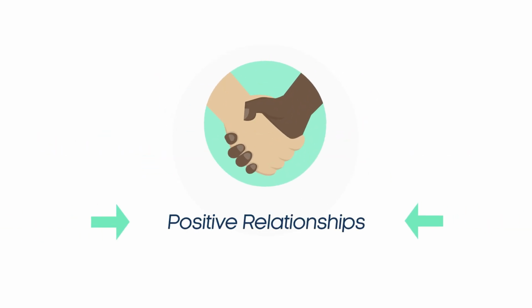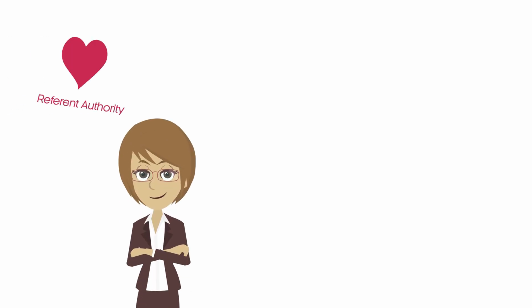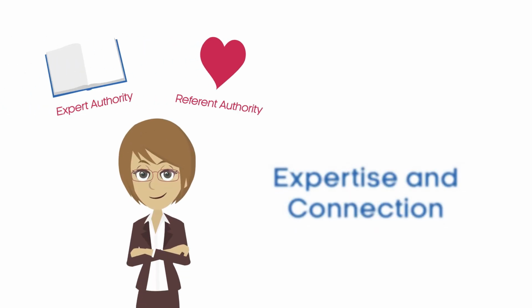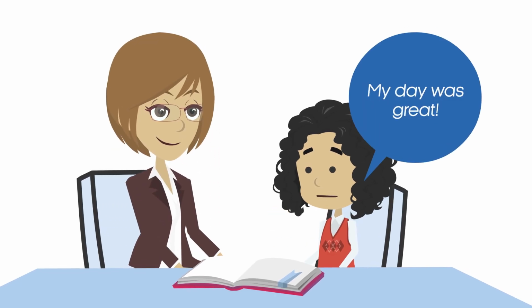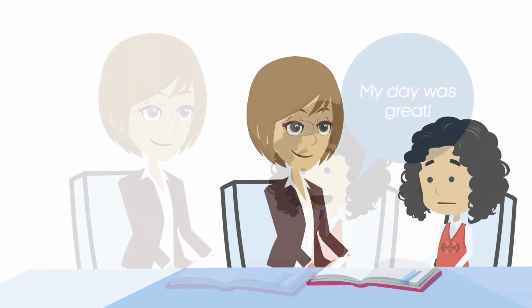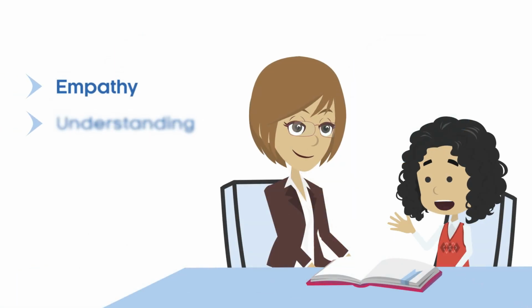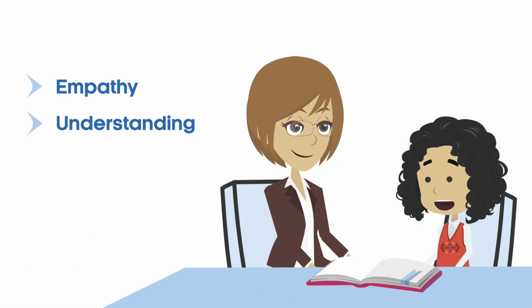The role of authority and positive teacher-student relationships. Building and maintaining positive teacher-student relationships relies on establishing trust and mutual respect. Two authority bases are essential in nurturing these relationships: referent and expert authority. Referent authority is grounded in the teacher's ability to connect personally with students, showing empathy, understanding, and genuine interest in their lives.